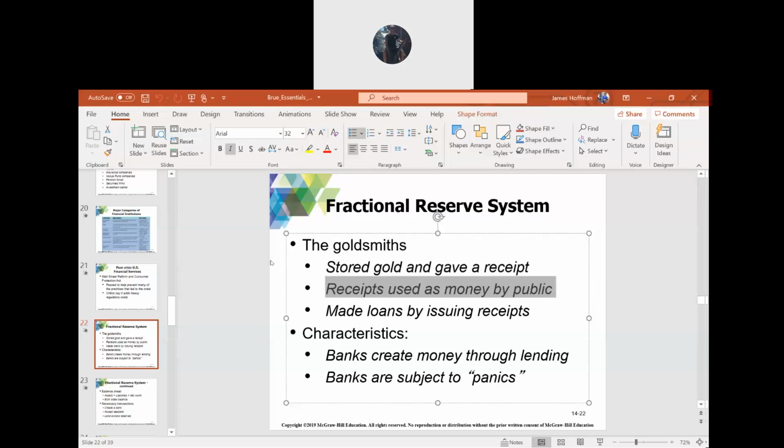Eventually those receipts started being used as currency. Originally you had to make transactions with gold. Then the goldsmiths started holding the gold and giving people IOUs, and it became easier to make transactions with the IOUs. This is essentially how currency started.